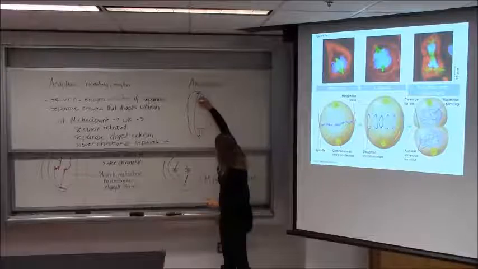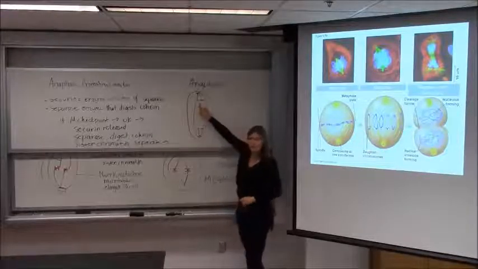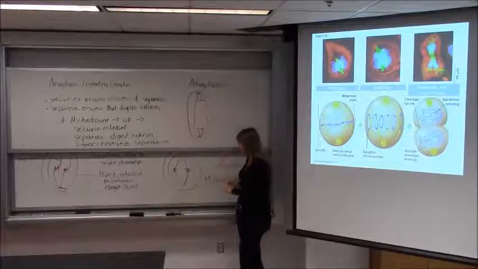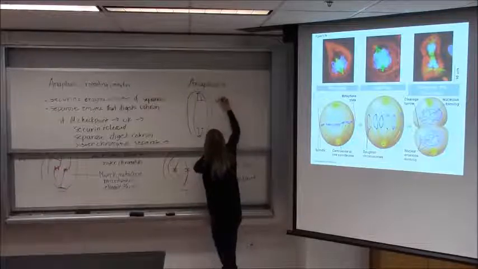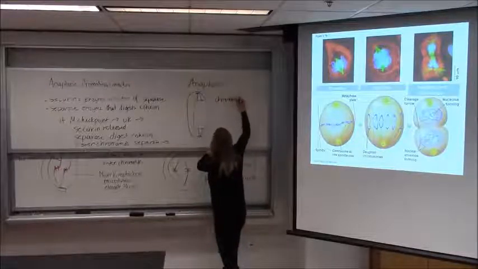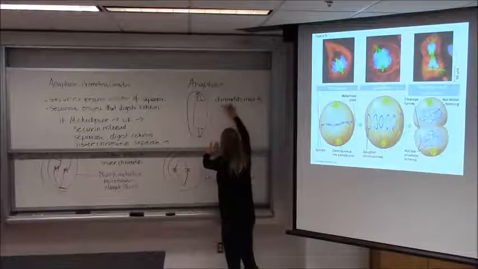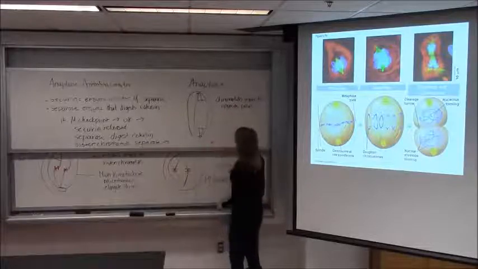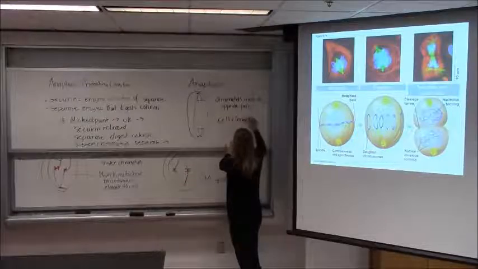They're going to start moving to opposite poles of the cell as the kinetochore microtubules shorten and the non-kinetochore microtubules elongate. Okay, so chromatids move to opposite poles of the cell, and the cell elongates. And again, this is due to the microtubules.